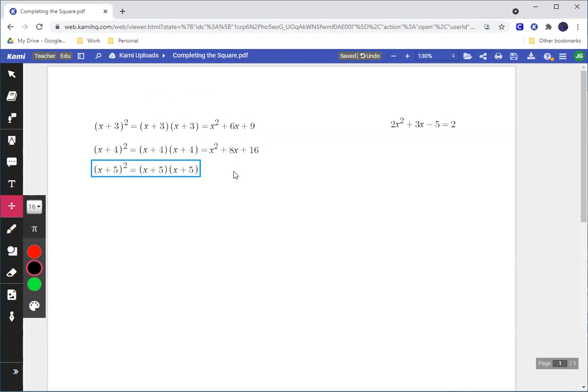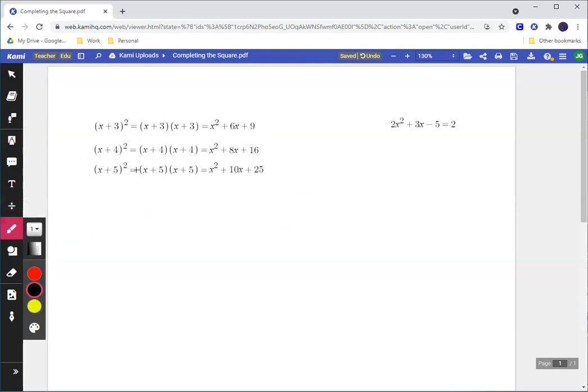And then with x plus 5 times x plus 5, you're going to get x squared plus 10x plus 25. And you can repeat this with any number being in the binomial there.